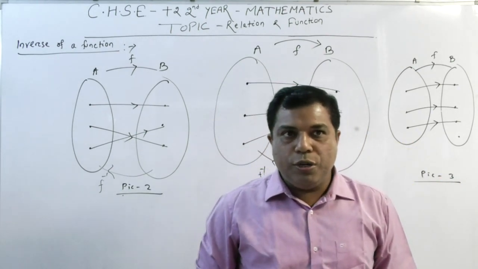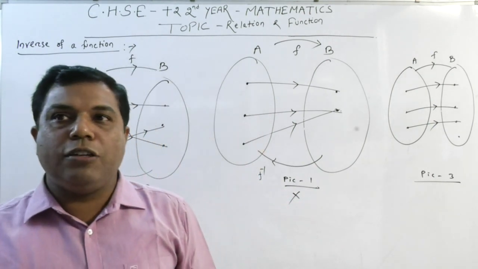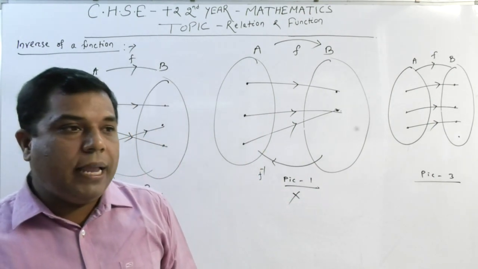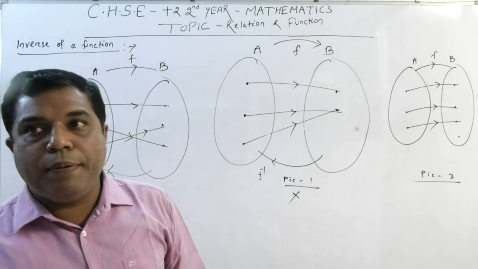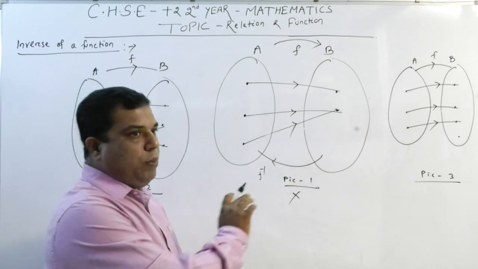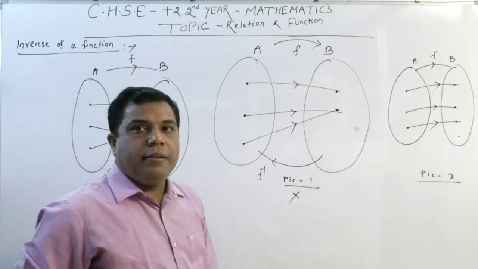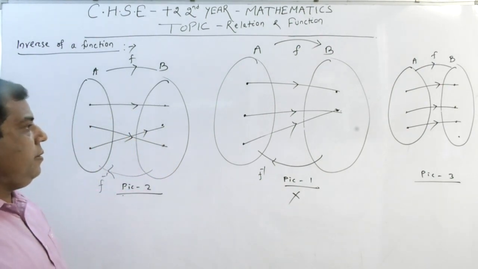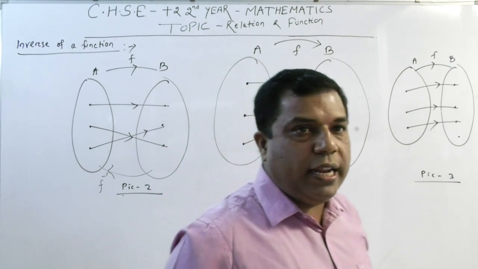So my dear students, from the discussion, every function does not have an inverse. So my question is, which function has an inverse? Please look carefully and tell me. Yes, my dear students, your imagination is correct.